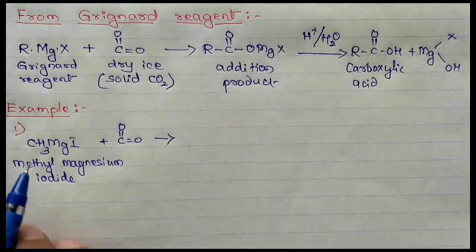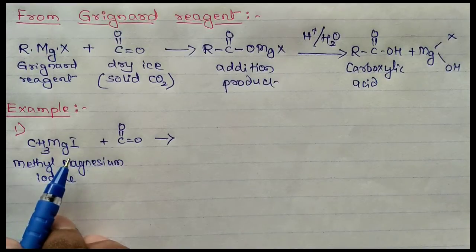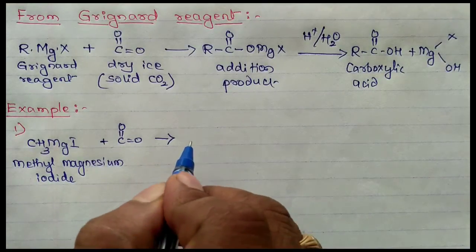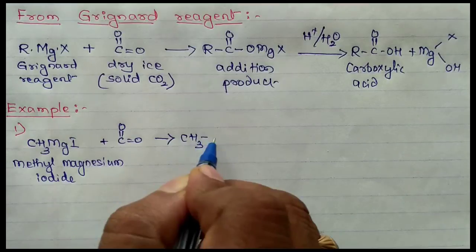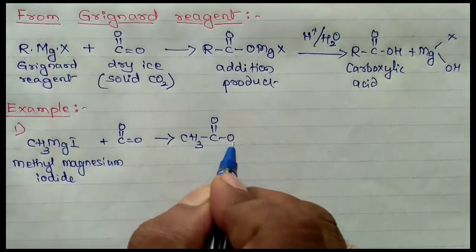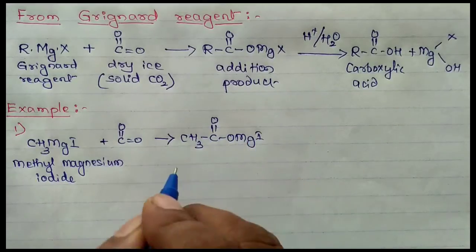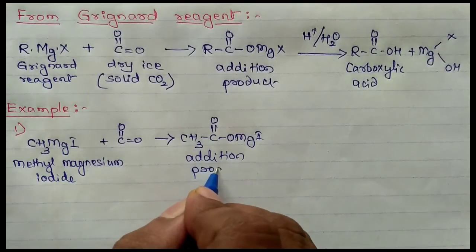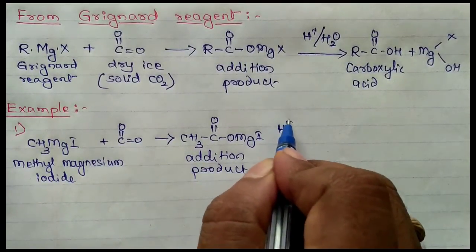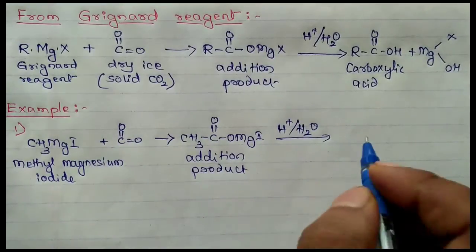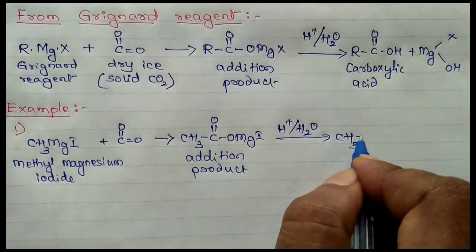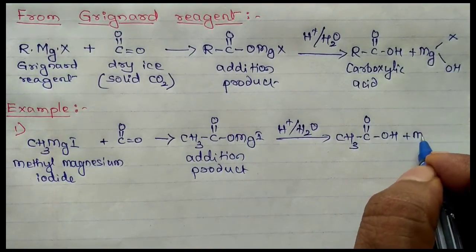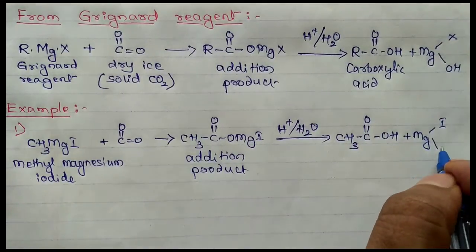Example: when methyl magnesium iodide reacts with dry ice, an addition product is formed, CH3C(=O)OMgI, which on acid hydrolysis gives acetic acid, CH3COOH, plus MgIOH.